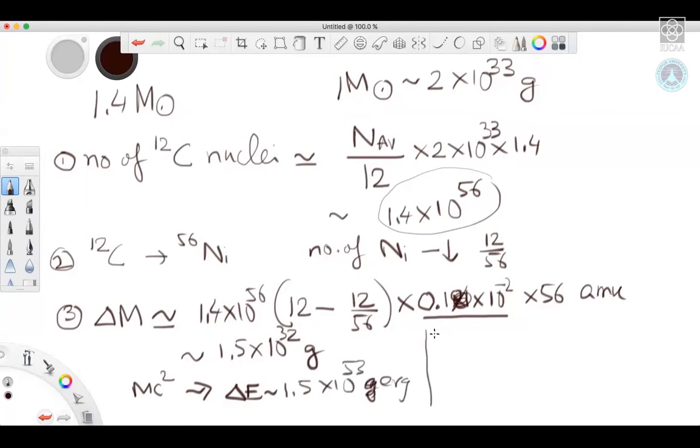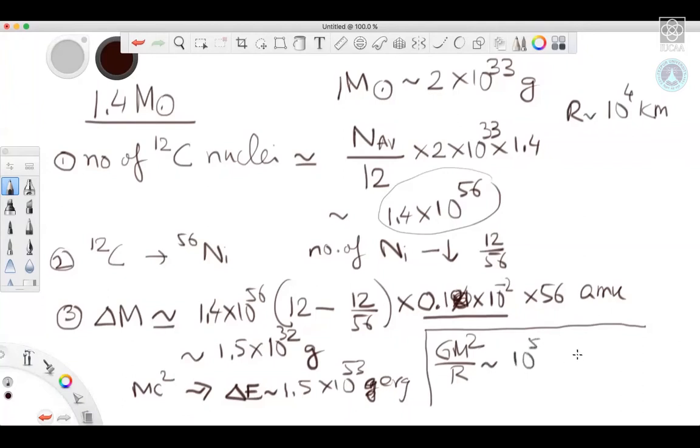If you compare this with the potential energy of a white dwarf star, taking this mass and a radius of say 10,000 kilometers or even 5,000 kilometers, you will find of the order of 10 to the power 51 erg. So this is much more than the potential energy. So the white dwarf star is going to be totally destroyed.